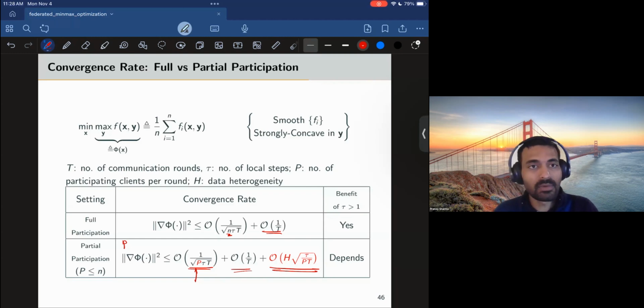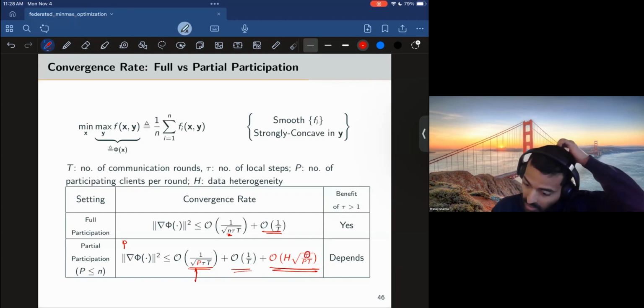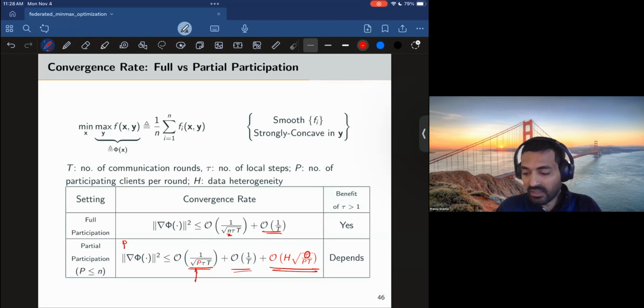The bad thing about this term is that we have this tau sitting in the numerator. So if we do more local steps, if tau is greater than 1, then fine, the first term would improve, but the third term will become worse.